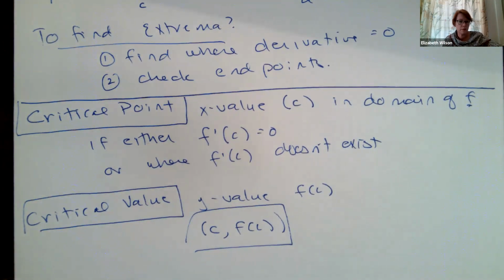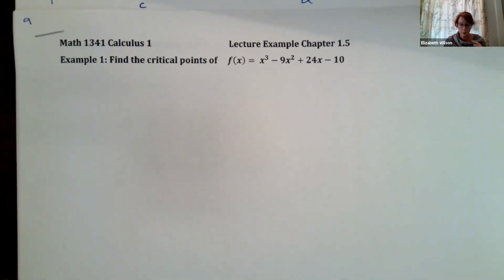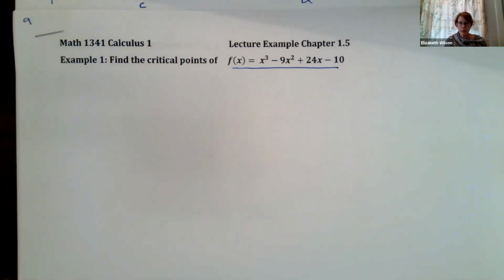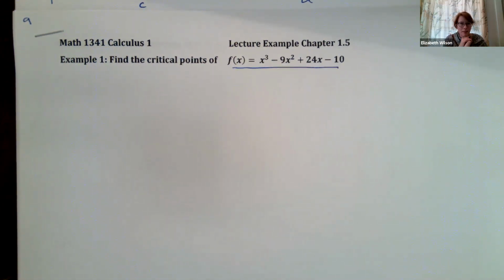All right, so let's do some examples so you can see what we're talking about here. So example 1, this is my lecture example page for 1.5. So I'm looking at f of x equals x cubed minus 9x squared plus 24x minus 10. Now, I have to explain, we're going to find the derivative. Technically, we haven't learned the power rule yet.